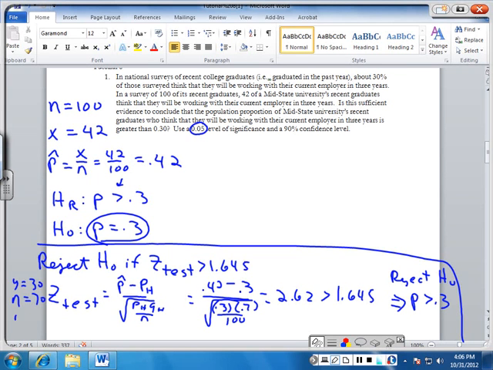So both of those are greater than 5. So this is a valid process to go through. That means that the sampling distribution is a bell curve. That's what that number of yeses and number of no's means. It means we have a large enough sample to guarantee the sampling distribution of p hat to be a bell curve. So we can use the z-table.